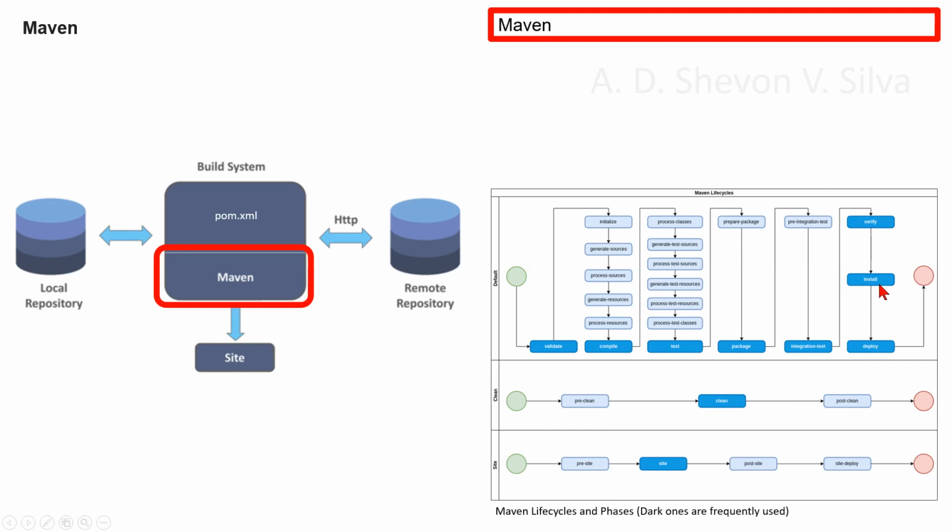Then install the package into the local repository for use as a dependency in other projects locally. Deploy, done in an integration or release environment, copies the final package to the remote repository for sharing with other developers and projects.